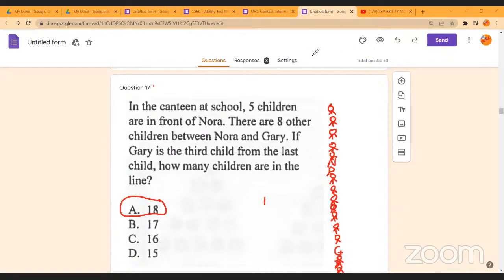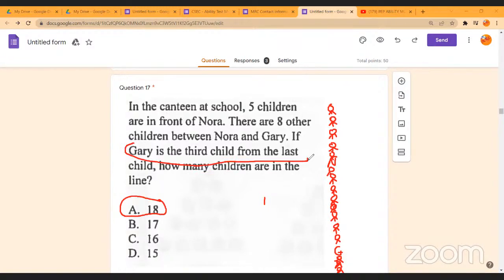Yes, miss. Hold on. Is Gary the third child from the last? When I look at that, which position is Gary in? Fourth position, miss. Ah, but what did they say here? He is the third child from the last.